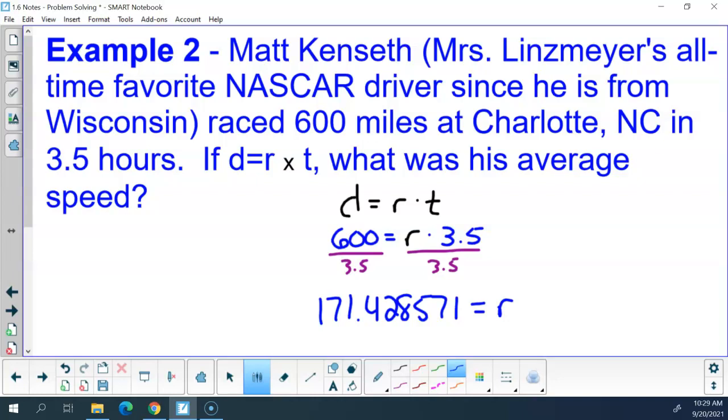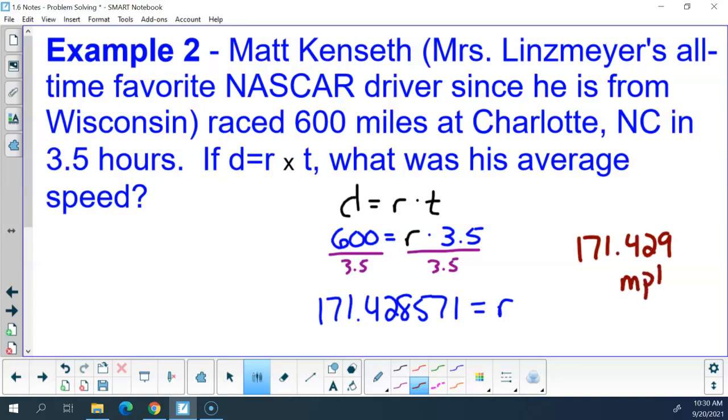I would personally say at least 2. 3 would even be better for me on this one. Now, on a test or a quiz, I will tell you how many to round to. But I left it like this to let you see what you came up with. And what's our label? Miles per hour.